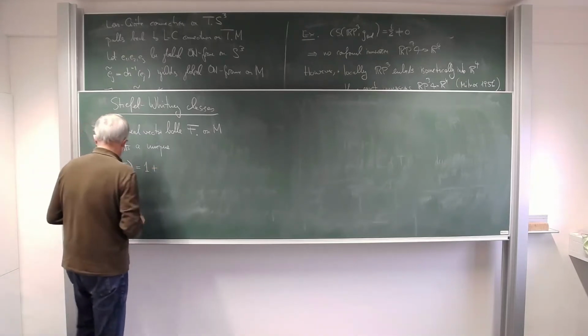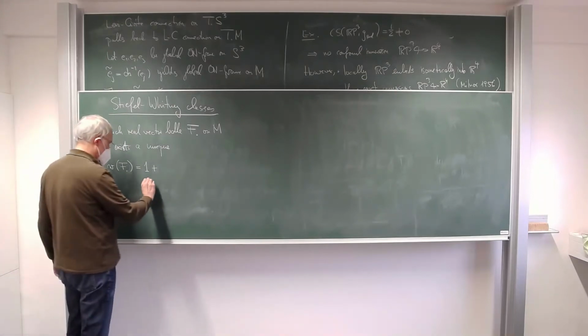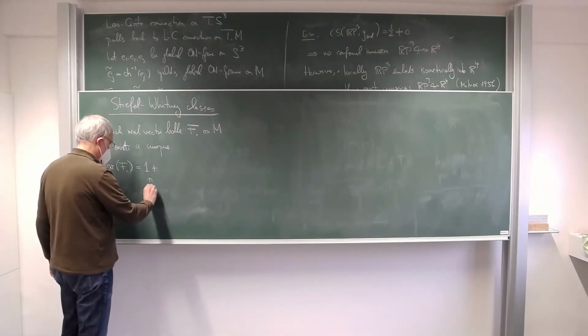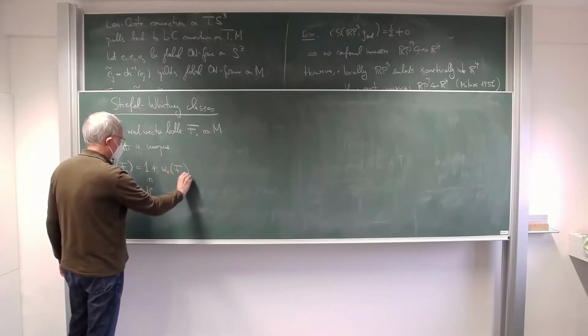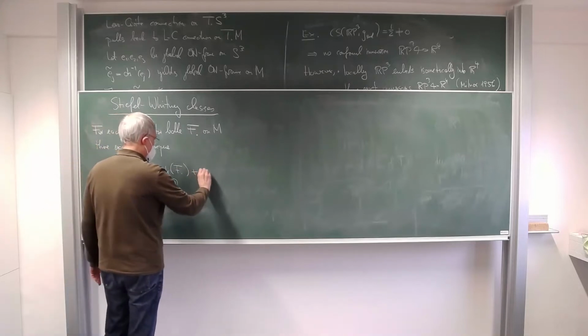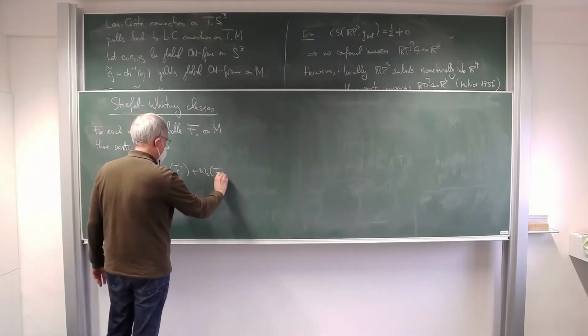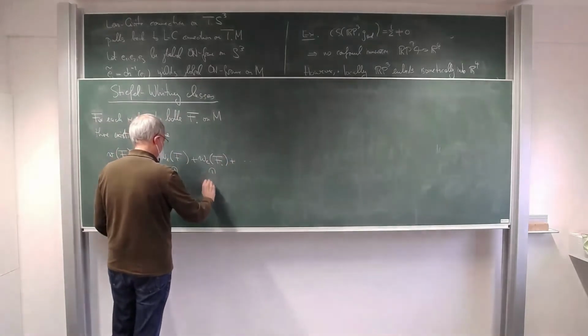So we start with a degree 0 class in H0, then we have w1 in H1, w2 in H2, and so on.